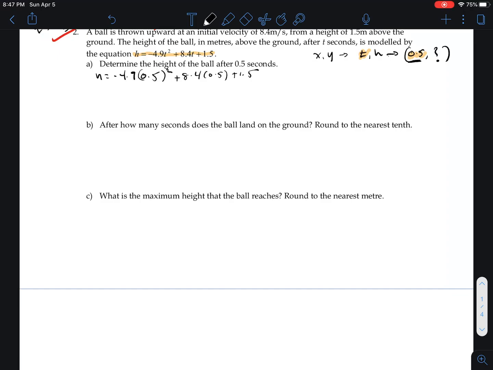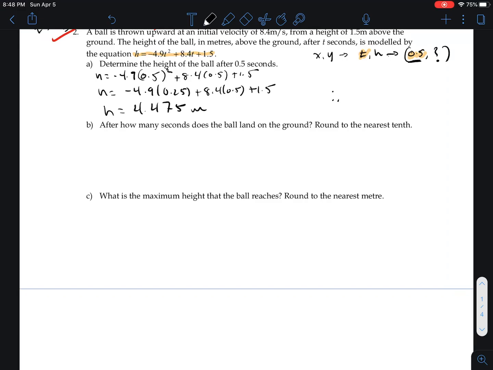Okay, and you just do the math on that. Now, turns out that H is equal to negative 4.9 multiplied by 0.25 plus 8.4 multiplied by 0.5 plus 1.5. And it turns out that H is equal to 4.475 meters, right?